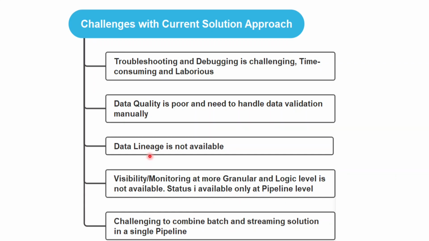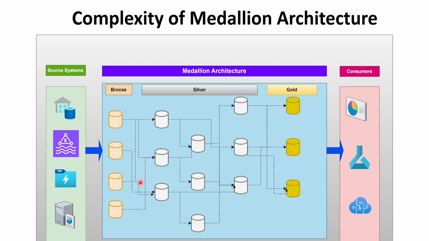And the next thing is, we have challenges with monitoring and visibility at the granular logic level. For example, we don't have any metrics or statistics for each logic. We may have some logic to populate this data, or different logic to populate this table. At the end of completion, we are going to have the complete status at the pipeline level.